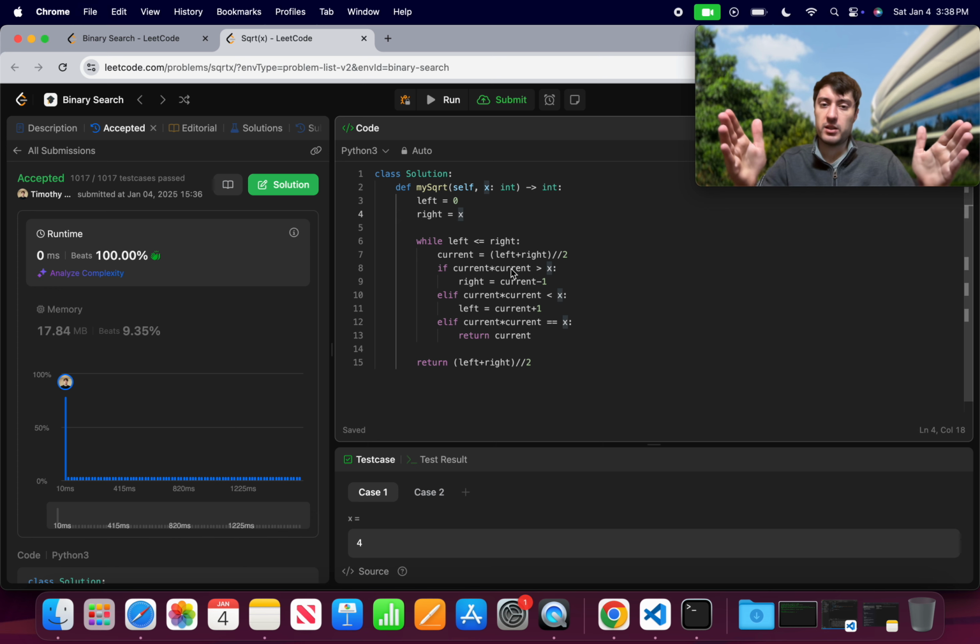Then 0 plus 10 divided by 2 is 5, so current is 5. 5 times 5 is 25, that is greater than 10. So right is now equal to current, which was 5, minus 1. So 4.